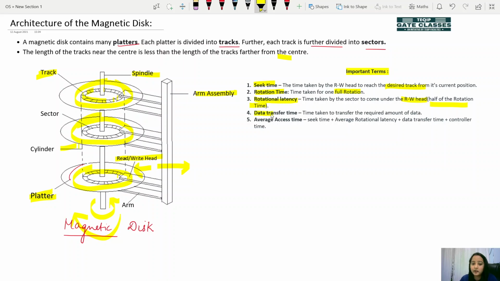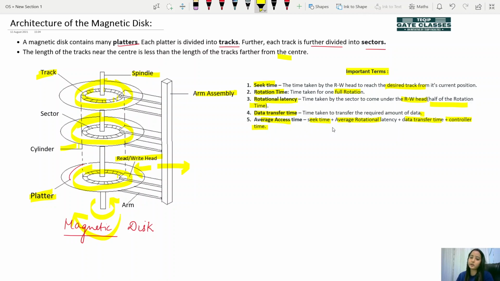Next one is data transfer time. What is the data transfer time? Time taken to transfer the required amount of data. Next one is average access time, that is the seek time plus average rotational delay plus data transfer time plus controller time. If the controller time is not given in the question, then you simply take it as 0.